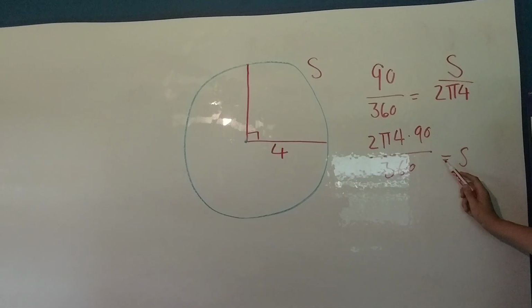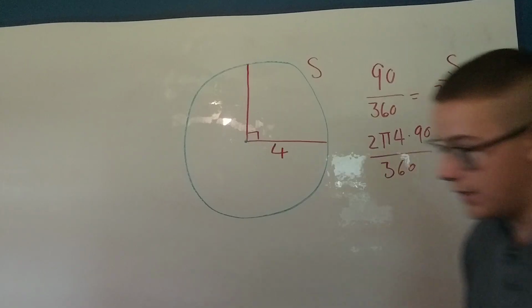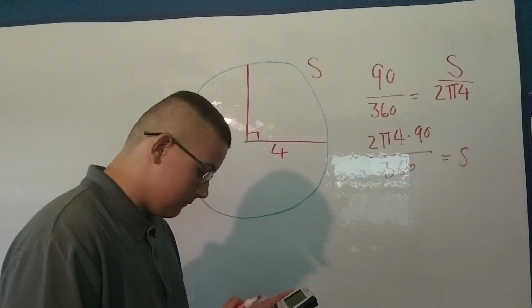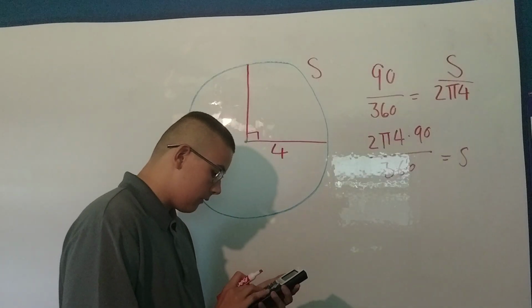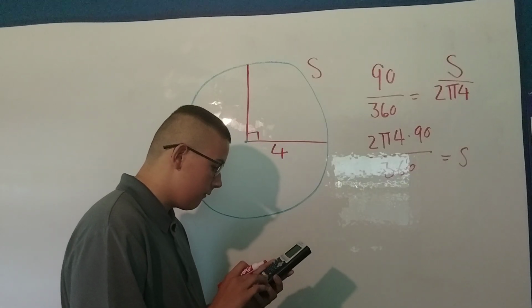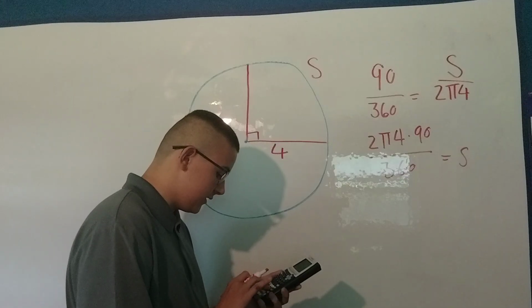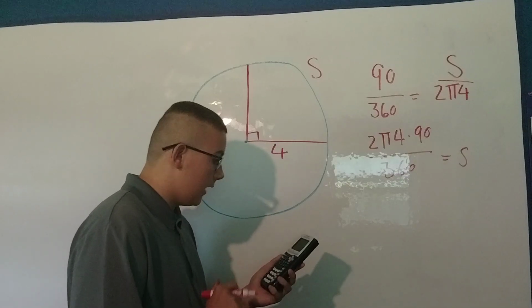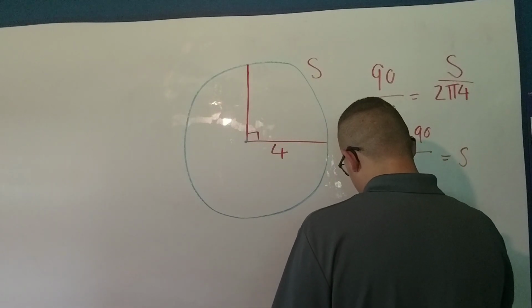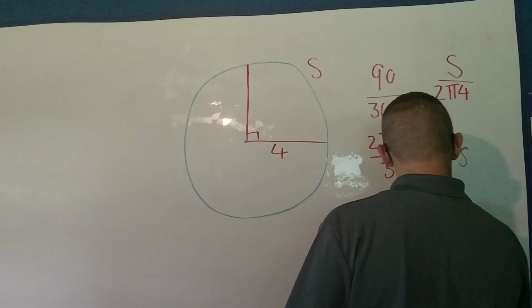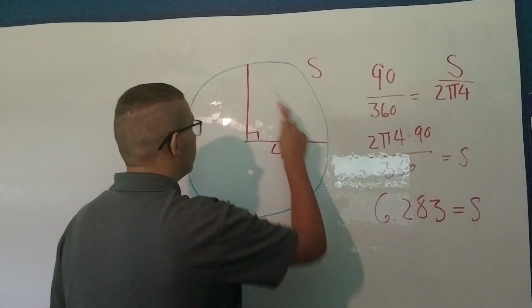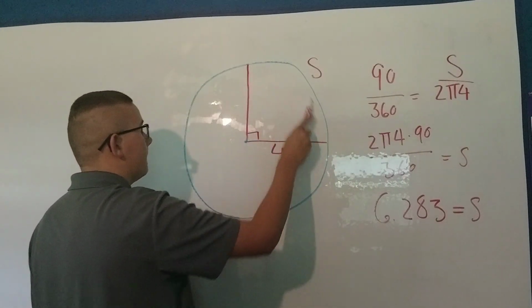With that, we plug it into the calculator: 2 pi times 4 times 90, all divided by 360, and that gives us 6.283 equals S. So 6.283 is this right here.